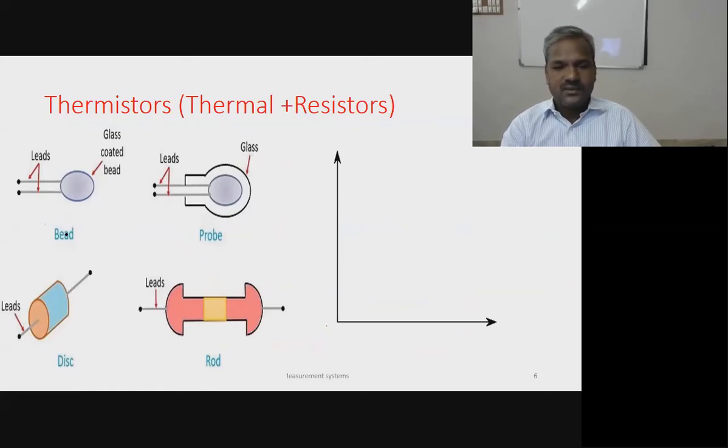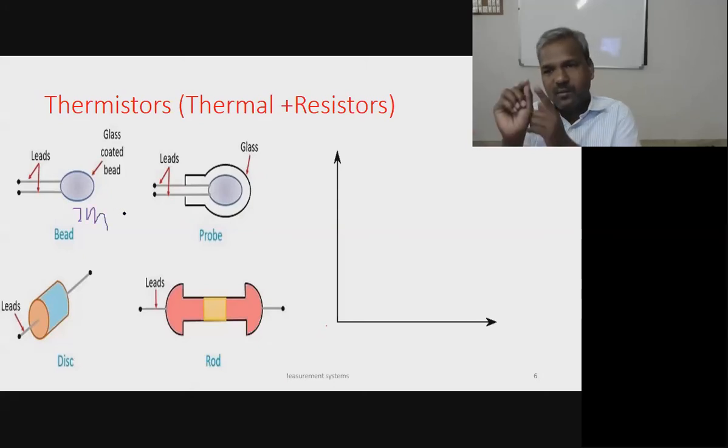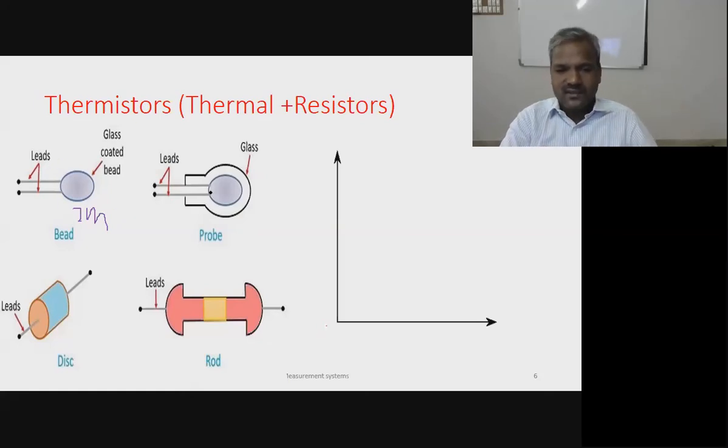There are many shapes available in thermistors. The size of thermistors varies from 2 mm to 5 mm. Imagine a size of 2 mm to 3 mm, like a strain gauge. So we can have our own shapes and sizes.